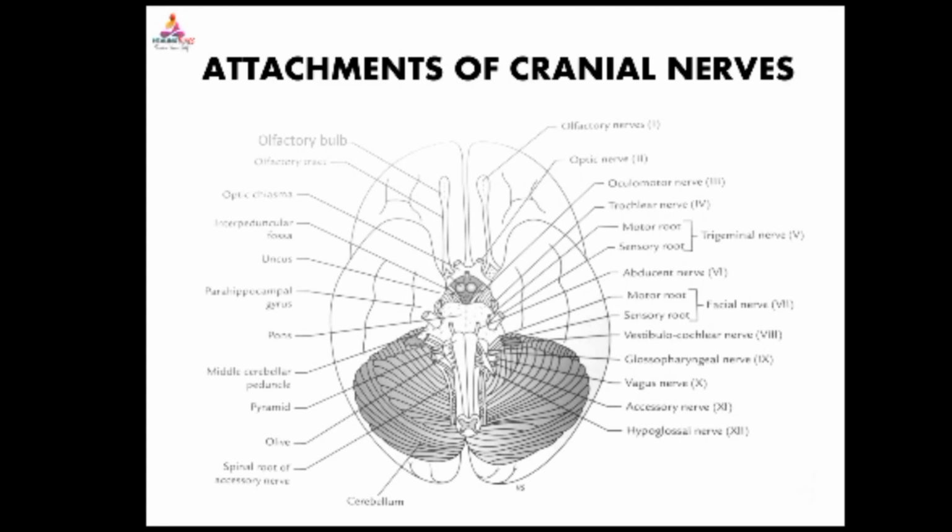The 12th cranial nerve is the hypoglossal nerve. It arises by a row of rootlets from a groove between the pyramid and olive.